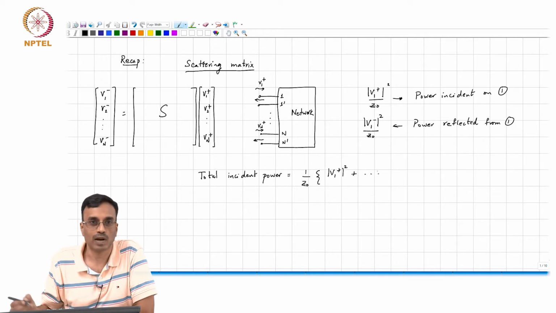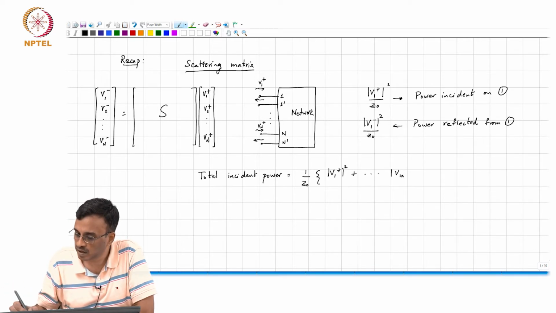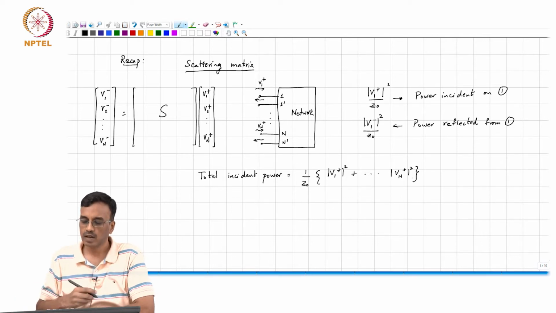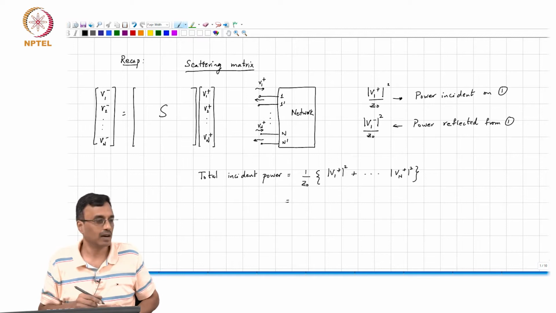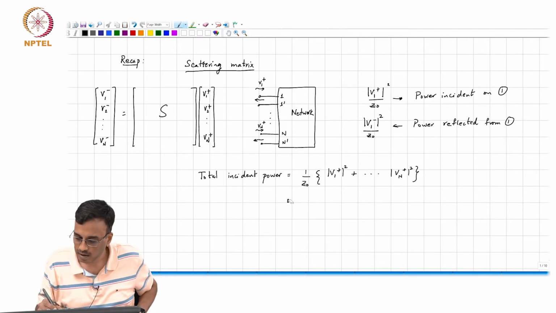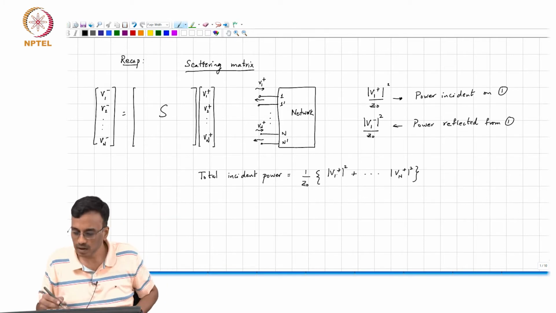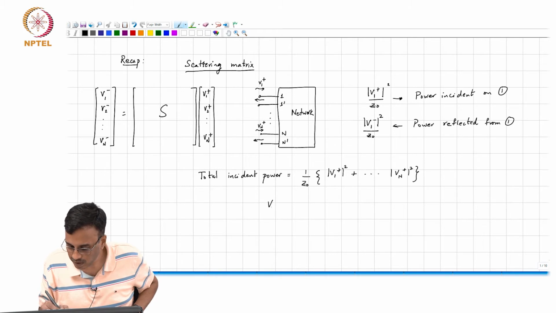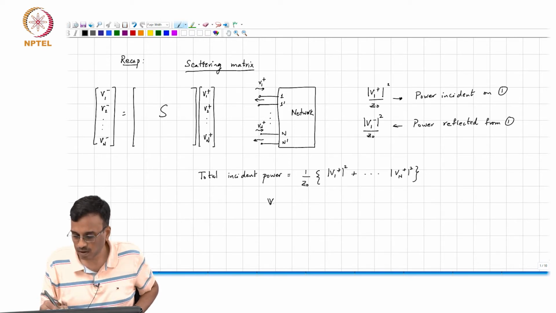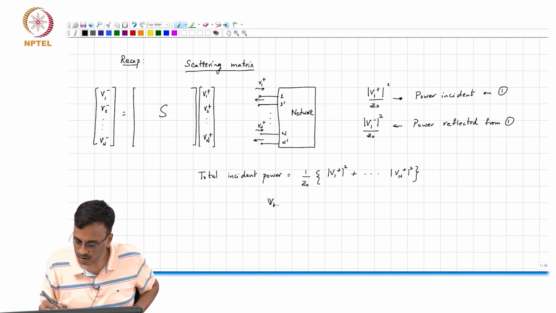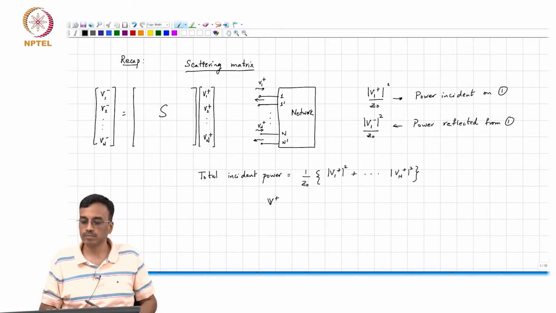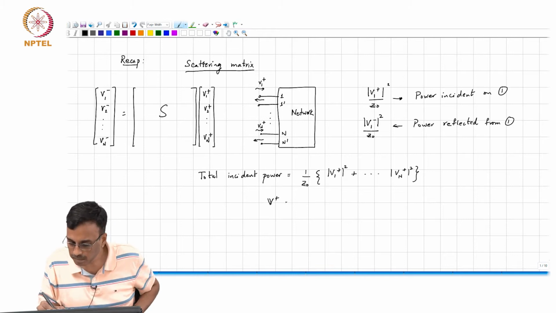So |V1+|² plus and so on, which can be written if you put all these V1 through VN as a vector, the incident vector, which we call V plus.